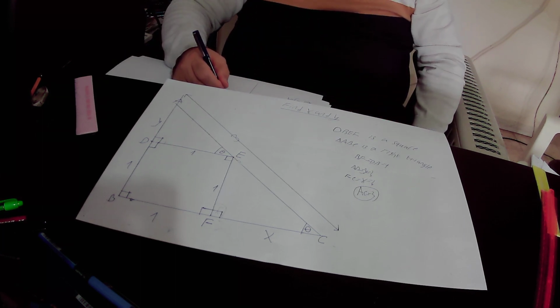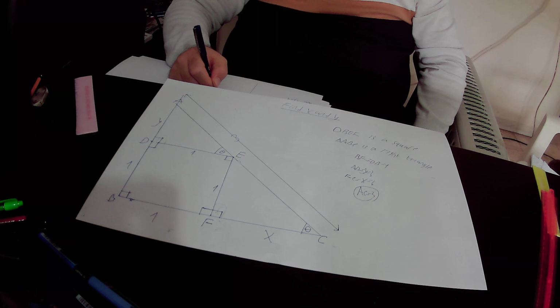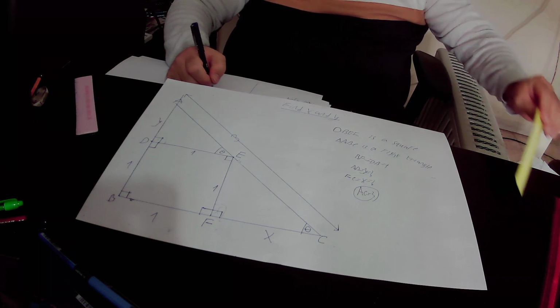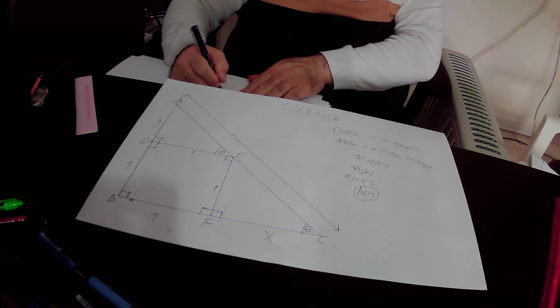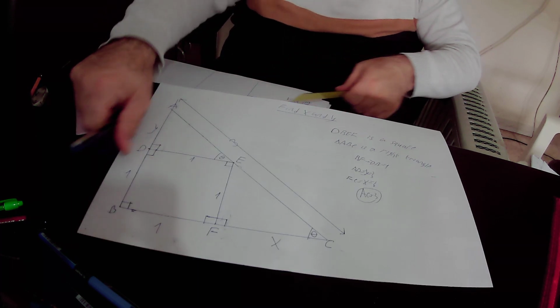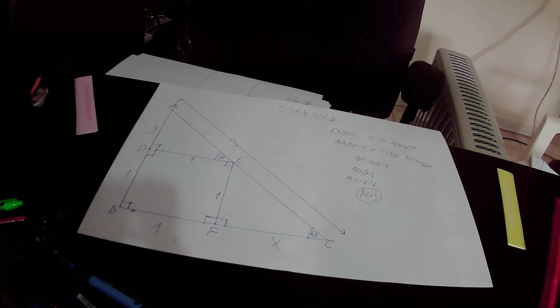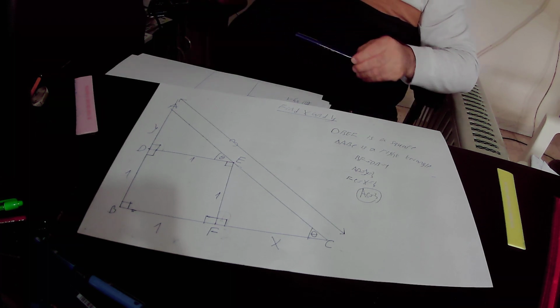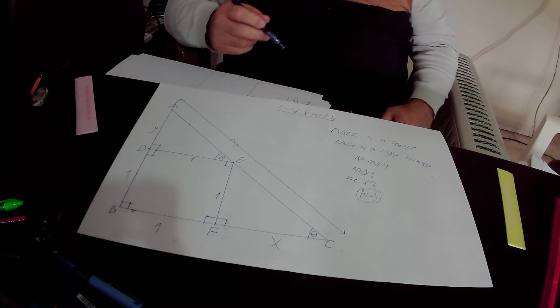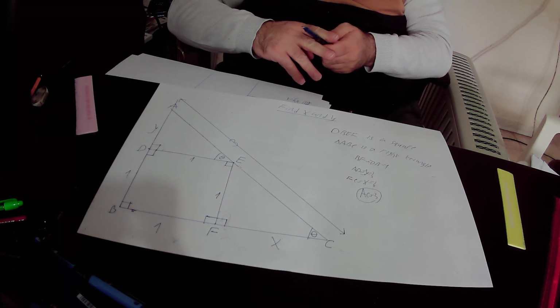In the right triangle, triangle ABC, according to the Pythagoras theorem, the square of the hypotenuse equals the sum of the squares of the perpendiculars.